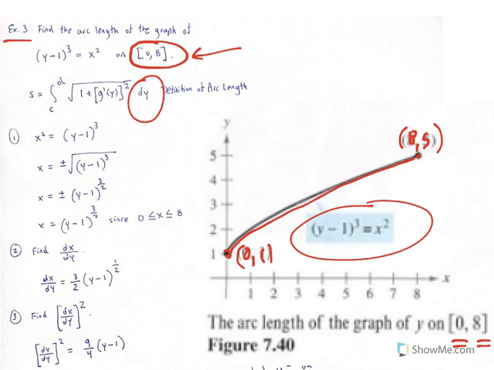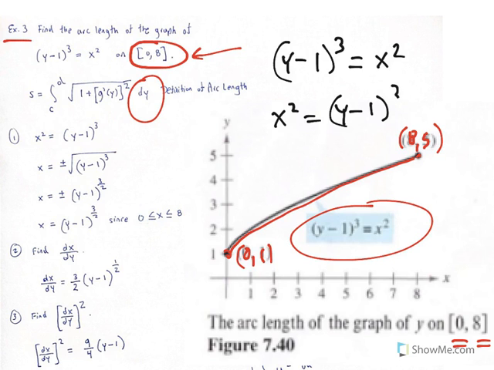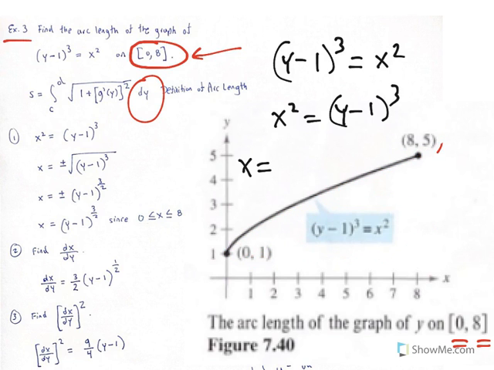To get that, you're going to start with the given function, (y - 1) cubed equals x squared, and then you will solve for x. So you have x squared equals (y - 1) cubed, and all you have to do is take the positive and the negative square root. So you get x equals plus or minus the square root of (y - 1) cubed.